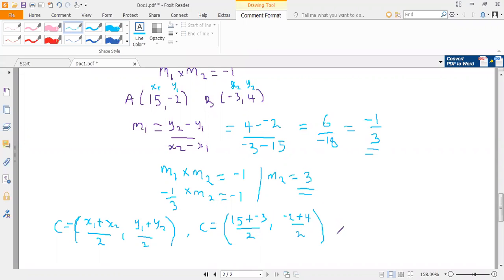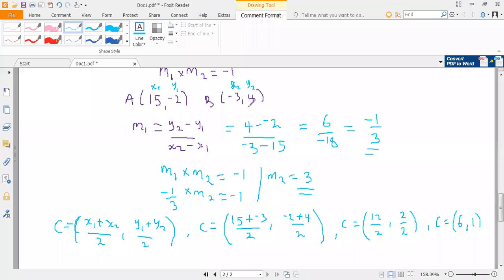If we continue working this out, 15 plus negative 3 gives us 12, divided by 2, and negative 2 plus 4 gives us 2 out of 2. So finally, we obtain the midpoint C as 6, 1. So the midpoint is given by 6, 1.